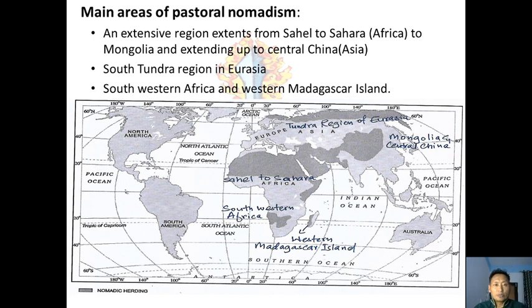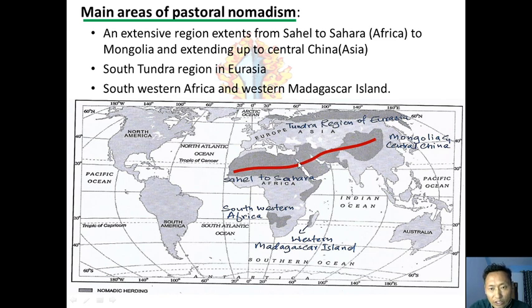So here, this particular map shows regions where still some people are practicing pastoral nomadism or nomadic herding. The first region is an extensive region, extending from the Sahel to the Sahara. Here I have made a red line. These dark shaded regions indicate an extensive region from Sahel to Sahara in Africa.